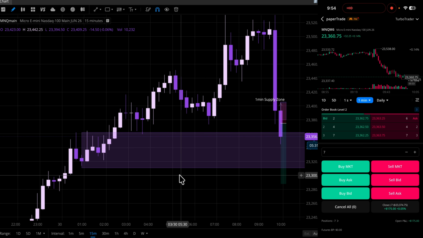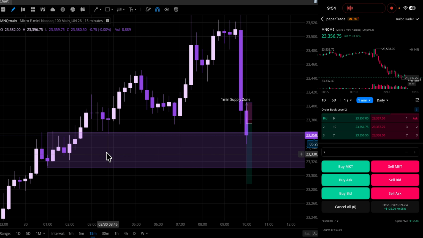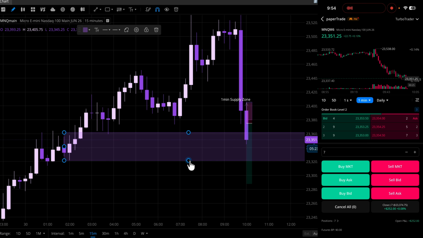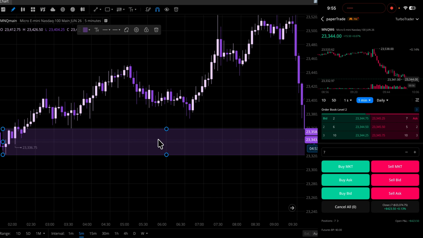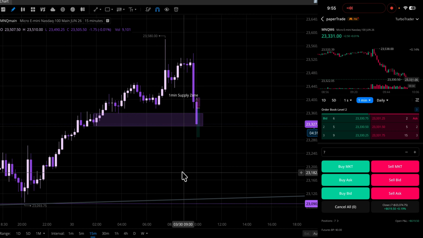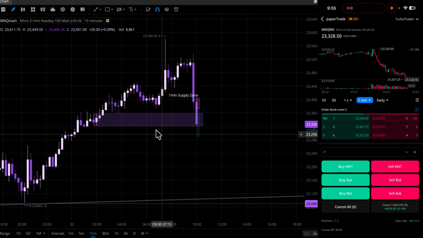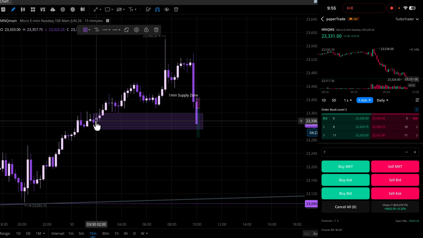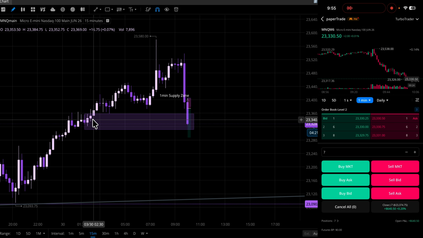Let's see it on the 15. Oh, okay, consolidated right here. That makes sense. So if I make it a 15-minute, yeah, it's gonna invalidate this zone. Okay, so where's the next zone? Where is price going? We do have this tiny zone right here.